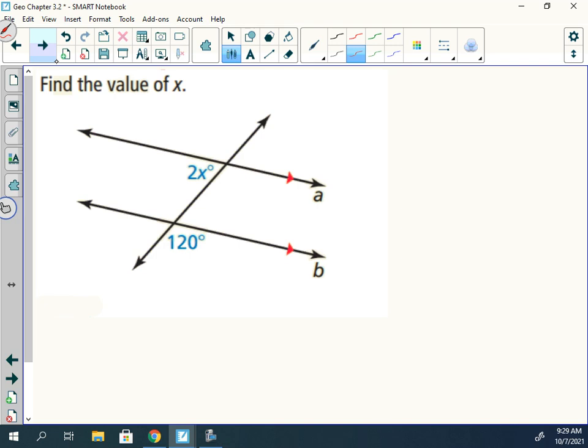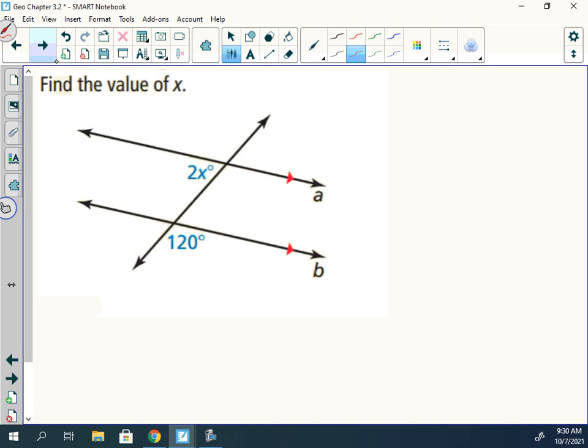Are they alternate interior? Are they alternate exterior? Because alternate exterior, they both have to be on the outside, yes? Are they vertical angles? No. So is there any way that we can say 120 and 2x are congruent? No. They'd have to equal 180.